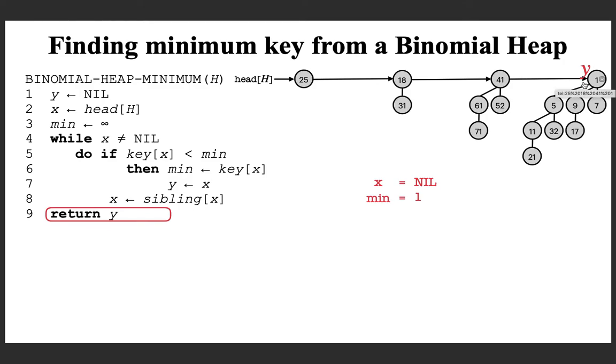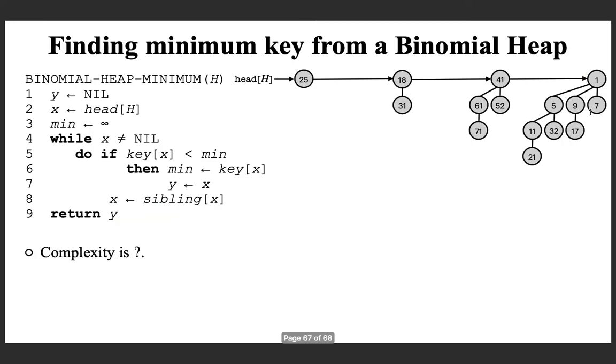So it is just a traversal of the root list. And from property 2 of the binomial heap, we know that if there are n nodes in the heap, the maximum number of binomial trees required is log n. So the complexity is that of traversing a linked list with a maximum of log n elements, and hence the complexity is in the order of log n.